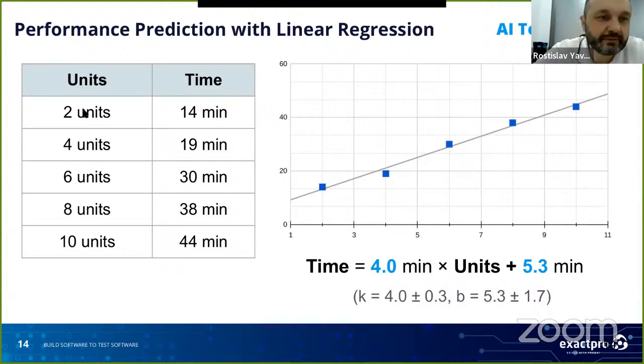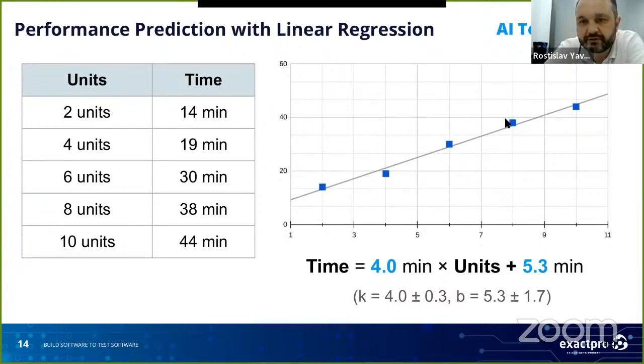So let's see the table. You performed some measurements and recorded them here. If a person is asked to make 2 units, then it took him or her 14 minutes. 4 units, then 19 minutes, 6 units, 30 minutes, etc.